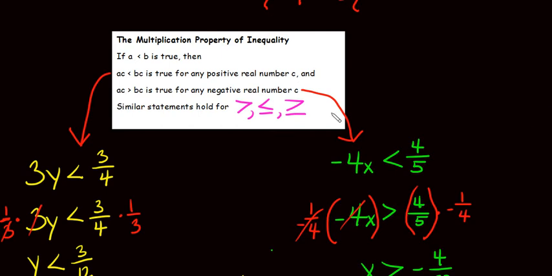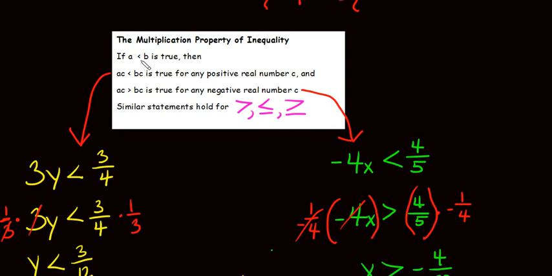The multiplication property of inequality says that if you've got a number A and it's less than B, and that's positively true, you can show it on the number line. Then, when you multiply A by some number C and you do the same thing to the other side, if C is positive, this is going to hold true.